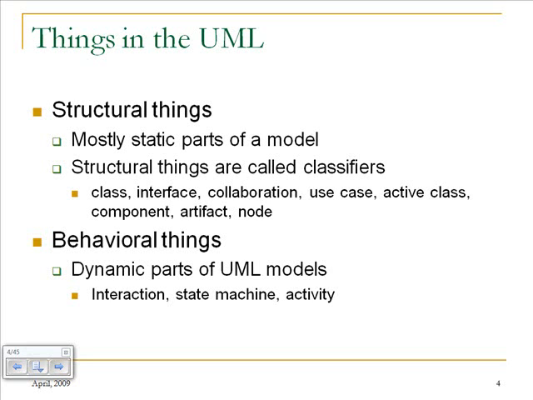So UML basically is going to be a representation through diagrams. And so let's talk about things in the UML diagrams. They are going to be structural things and behavioral things. So structural things are going to be those things that are mostly static parts of a model. And for structural things, we have different diagrams that we're going to use. For example, we can represent a class.